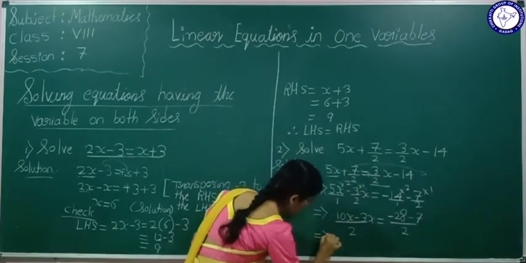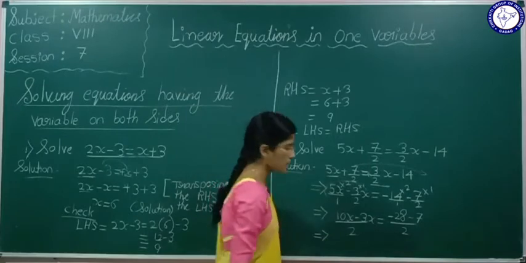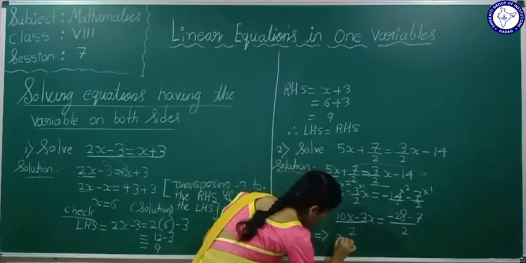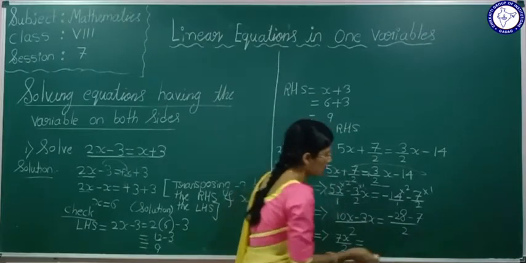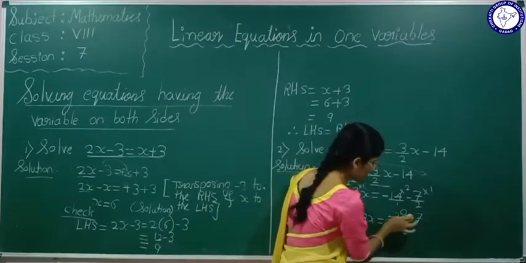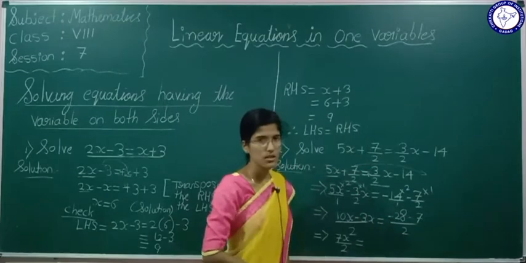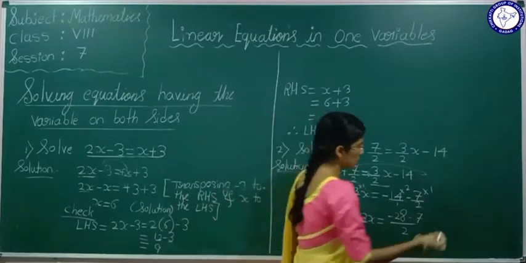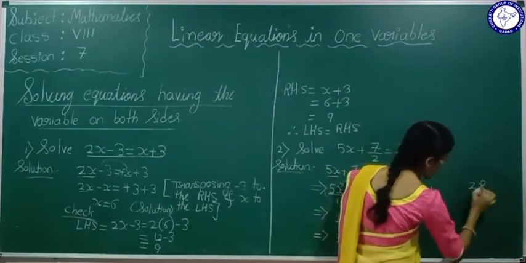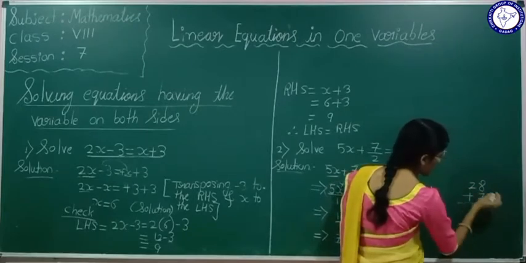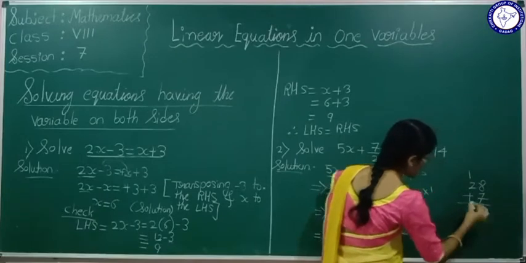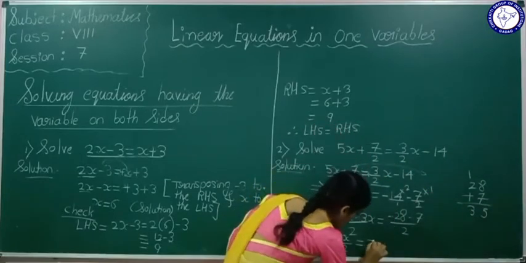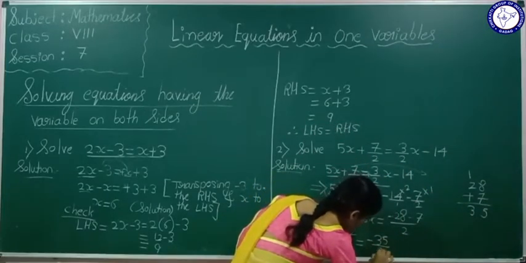So this implies, what is 10 minus 3? 10 minus 3 is 7. 7x by 2 is equal to, minus minus is plus. What is 28 plus 7? 28 plus 7 is 35. It is minus 35 by 2.